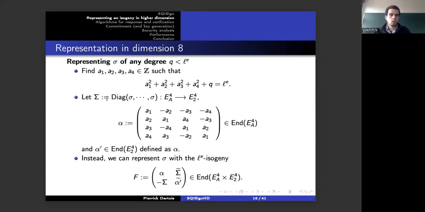And now we just use slightly different notation, like this diagonal matrix again, and this matrix alpha and this matrix alpha prime, whose degree are the sum of the A_i squared. We get an isogeny in dimension 8, which embeds sigma. Of course, we won't use this representation because it's not practical, but it has some theoretical interest for security, and we present it as an alternate scheme in our paper.